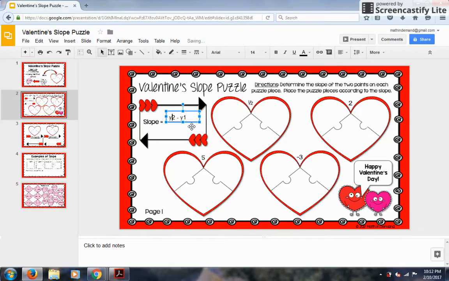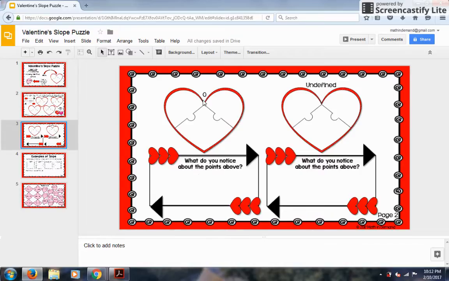And I tell students that it's okay that they don't have a subscript, even though they know that the 2's and the 1's should be subscript. So I have my slope formula, and then you'll see I have a slope of 5, a half, -3, 2. I also have a slope of 0 and undefined.